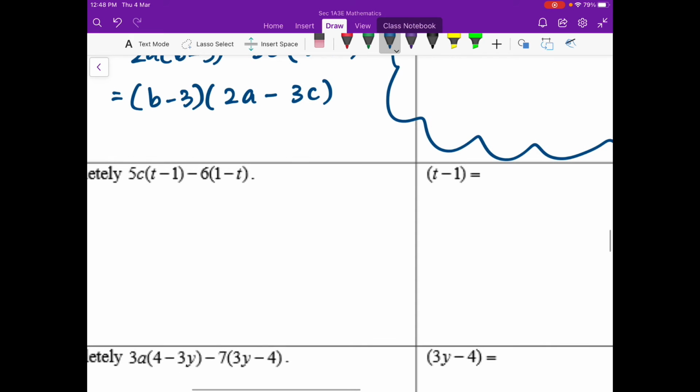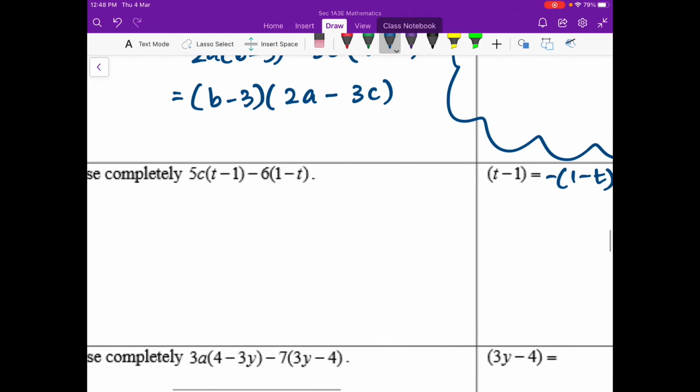So t minus 1 becomes a negative 1 minus t. And here we have switched it around. So our original question becomes 5c times t minus 1. And then because I have practiced already, I know the sign of the coefficient, originally negative 6, is going to change to become positive 6.